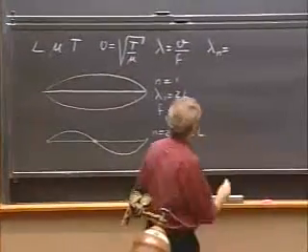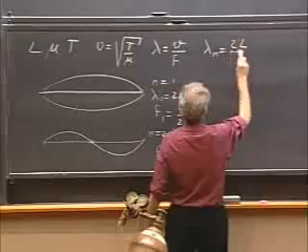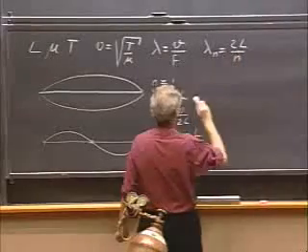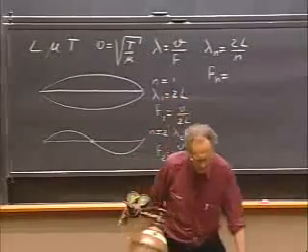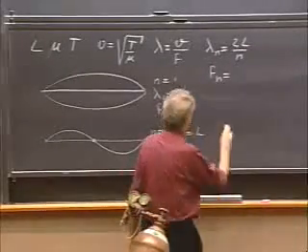Lambda n is then 2L divided by n, and the frequency in the nth mode, that is the nth harmonic, is then nV divided by 2L.